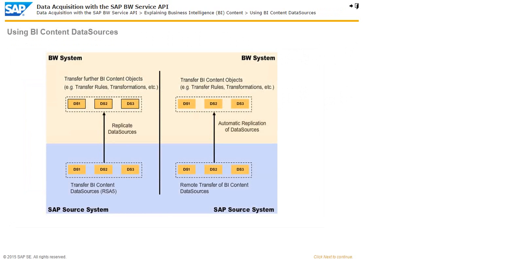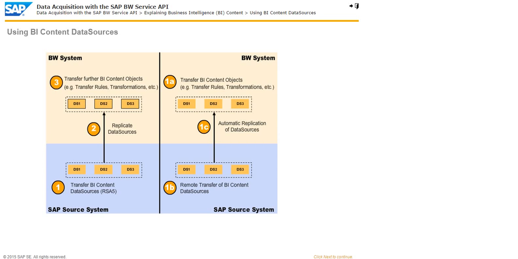Data sources can be transferred selectively in one of two ways as follows: to transfer and activate a data source delivered by SAP with BI content in transaction SBIW in the source system, choose Data Transfer to the Business Information Warehouse, Business Content Data Sources, Transfer Business Content Data Sources. When activating BI content in SAP BW, you can also activate data sources remotely from the SAP BW system. This activation is subject to an authorization check.